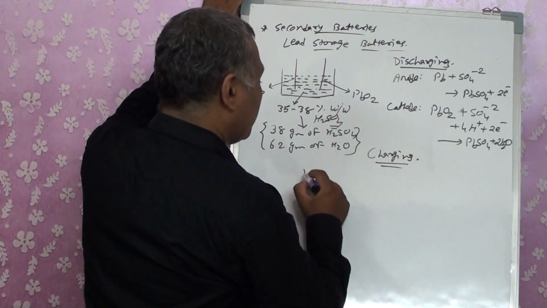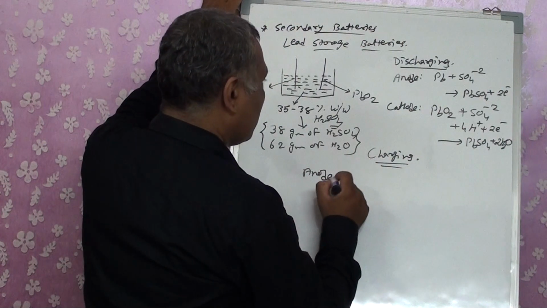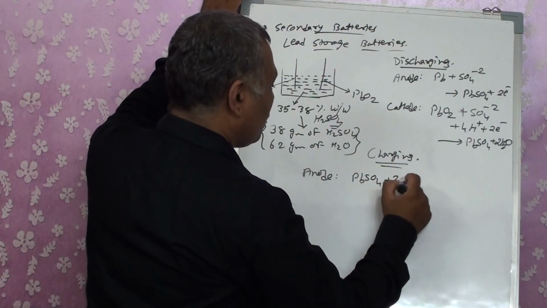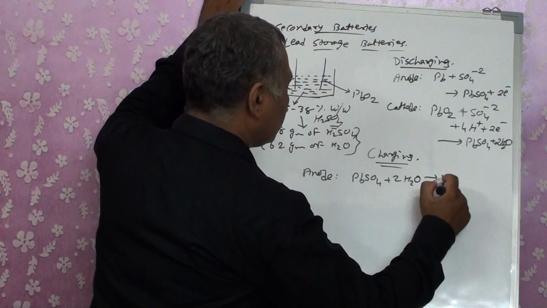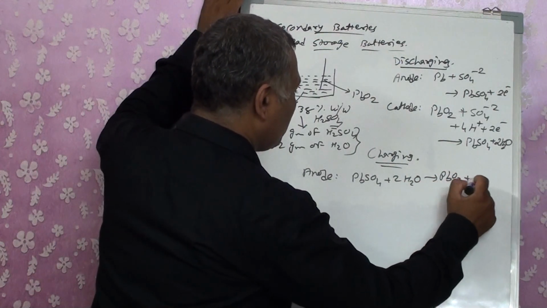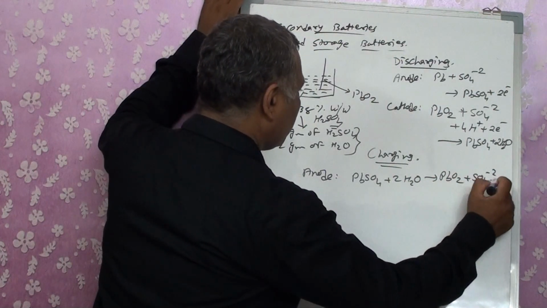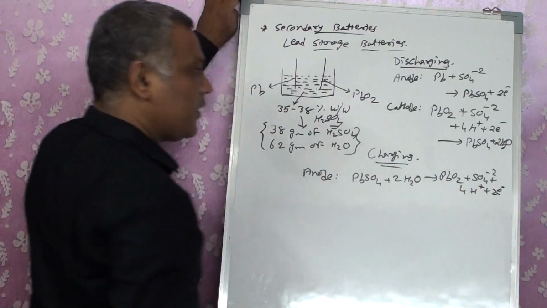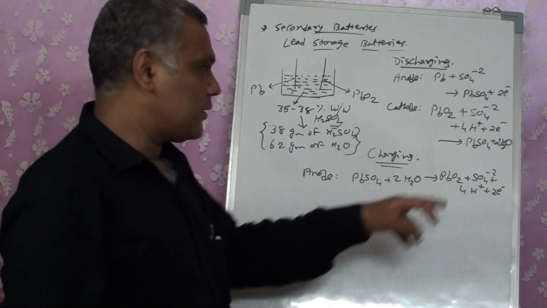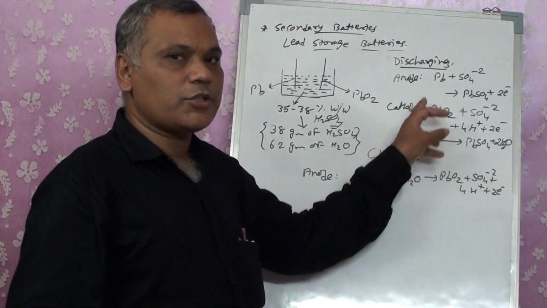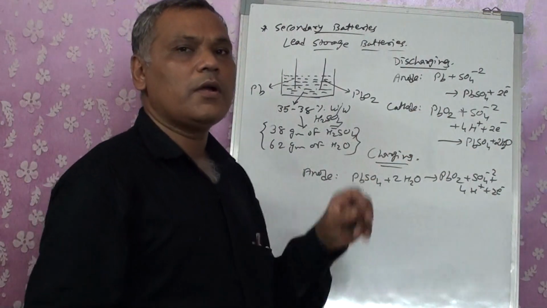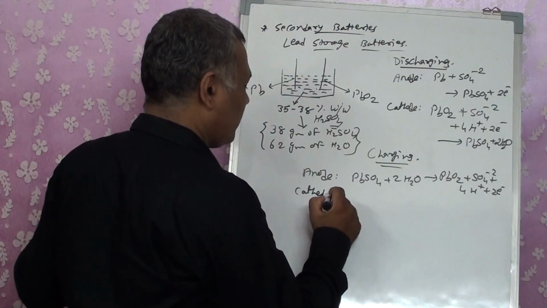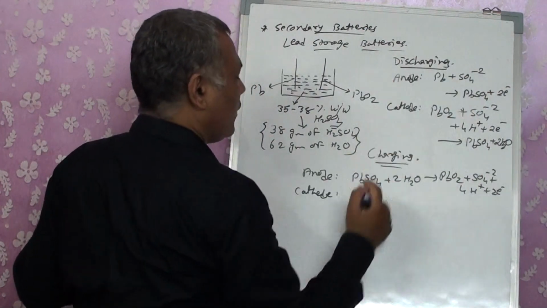process, what happens? On the anode, you get PbSO4 plus 2H2O changing to PbO2, SO4 minus 2, 4H plus, 2e. That means I wrote it as a very simple thing, the reverse reaction of the cathode on the anode. And on the cathode what will happen? The reverse reaction of the anode.